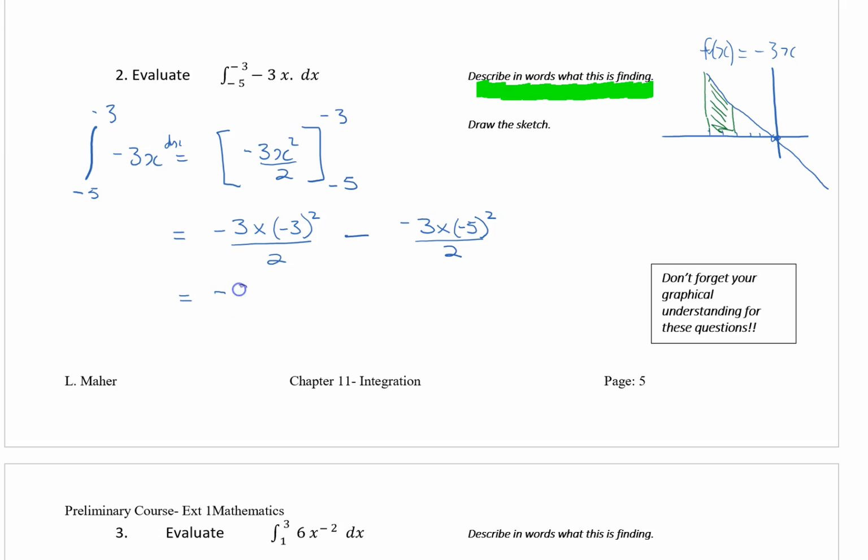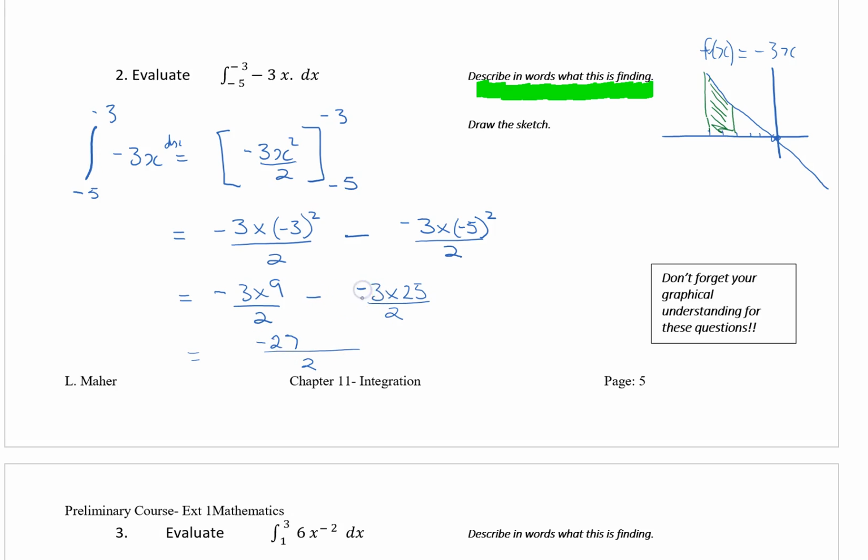So it is -3 times 9 on 2, subtract. It doesn't matter when I deal with this. It's -3 times 25 on 2. 3 9's are 27.